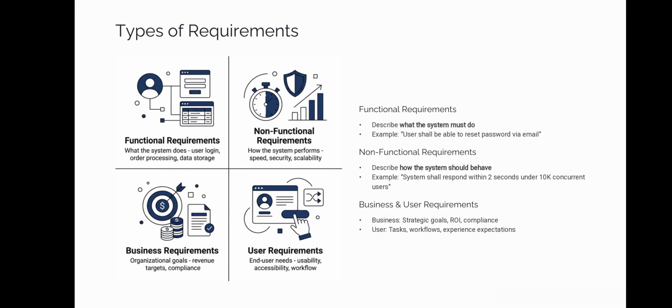Non-functional requirements are the quality attributes, the how. Using the same shopping example, the cart must update in less than 2 seconds. This ensures the system is not just working but performing at the level that keeps users happy.